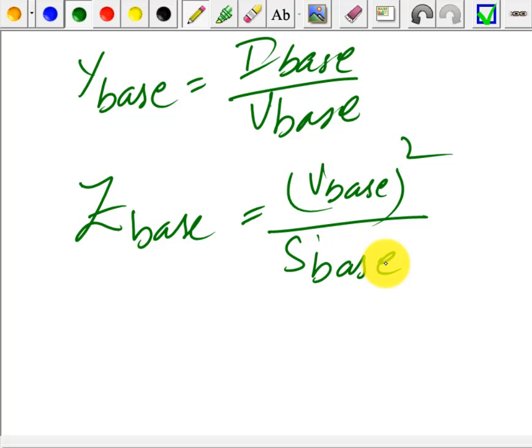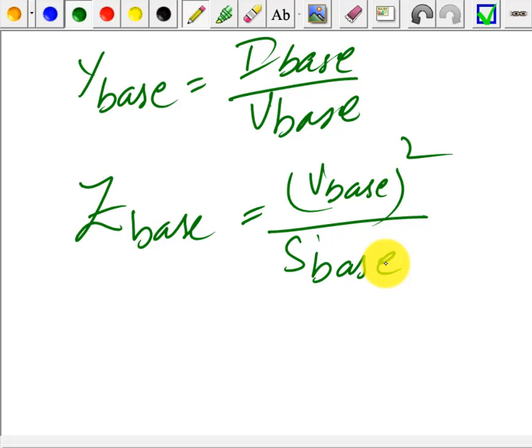So once the base values of S or P and V have been selected, all other values can be calculated by using these relations. A base apparent power and voltage are selected at a specific point in the system. The transformer has no effect on the base apparent power of the system, since the apparent power into the transformer equals the apparent power out of the transformer.